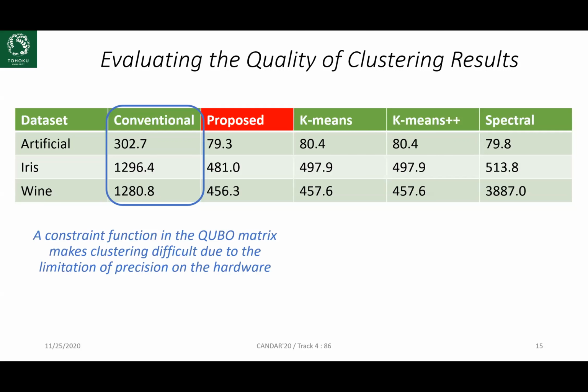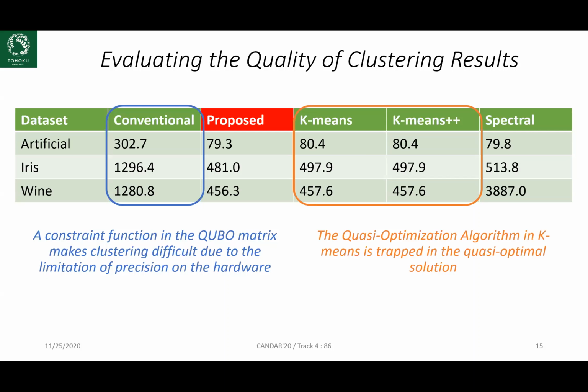This is because the conventional method includes a constraint function in the QUBO matrix, making it difficult to successfully perform combinatorial clustering due to the limitation of precision on the hardware. Also, the proposed method is better than k-means, k-means++, and spectral clustering. This is because the approximated objective function in k-means is trapped in the local optimal solution.